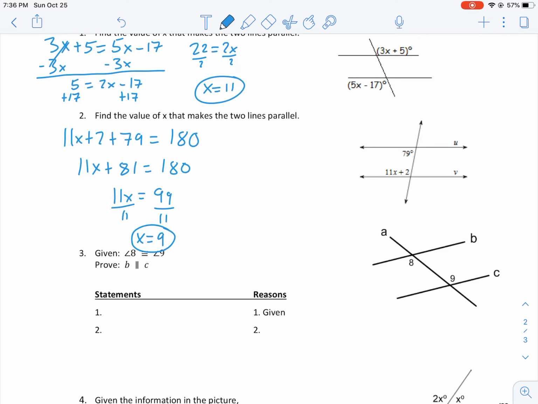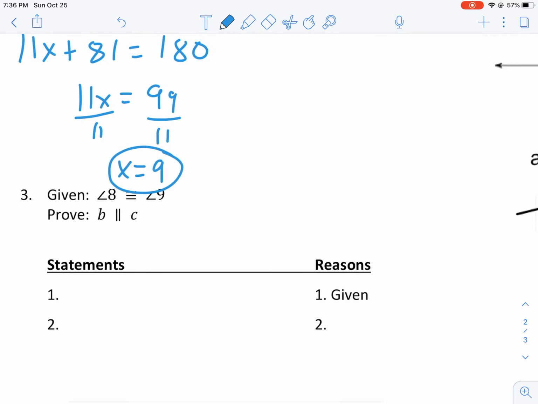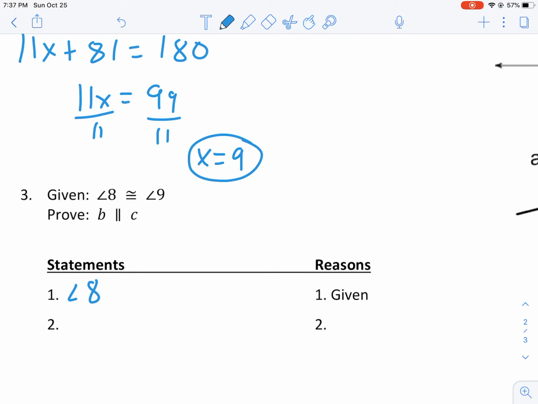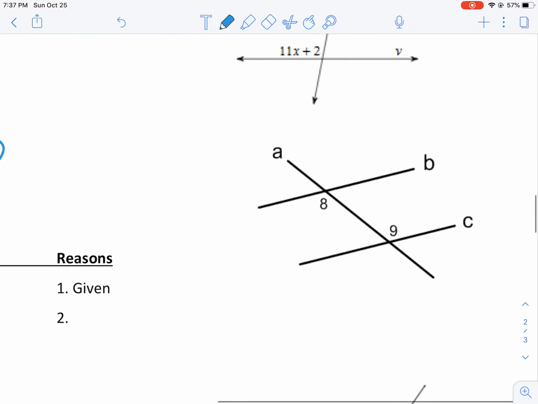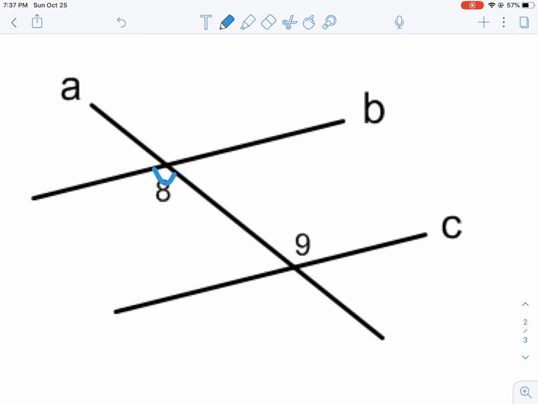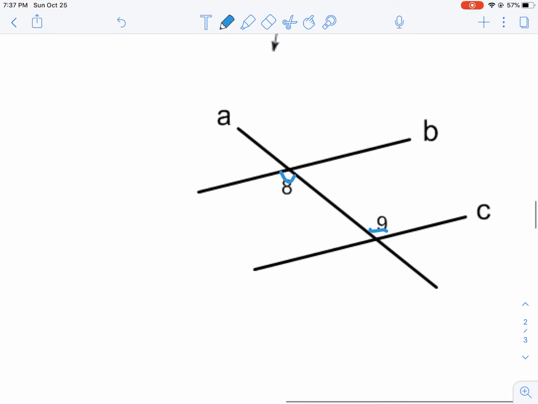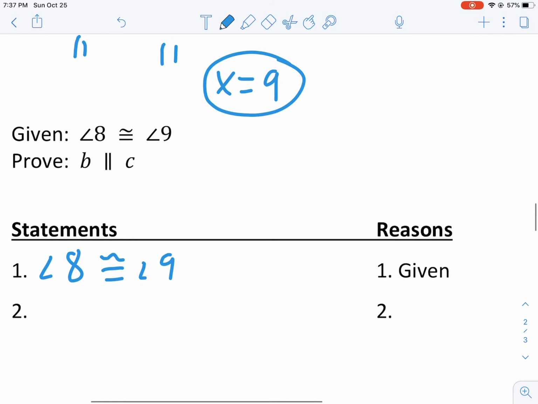Last thing, we're going to do some proofs. These proofs are going to be pretty easy. We're given that angle 8 is congruent to angle 9. If we look in our picture, we've got angle 8 and angle 9, and it wants us to prove that the lines are parallel.